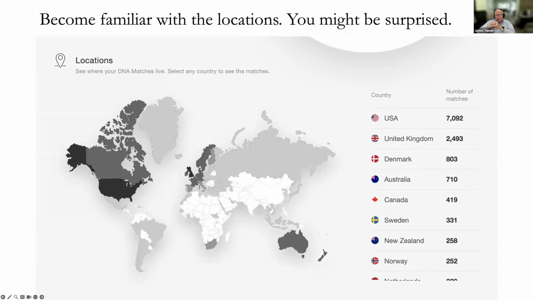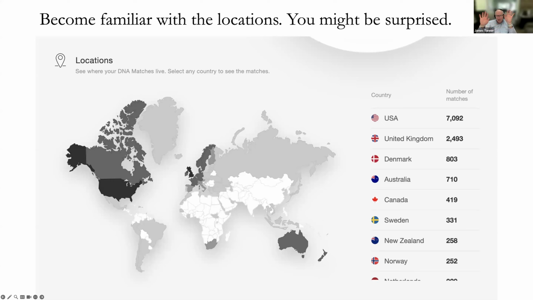And that occurs with the fact that people move all over the world, so you're not all going to be in the same place. But it shows here that predominantly the people I'm related to are in the United States. There's a significant number in the UK, and then Denmark and Australia.